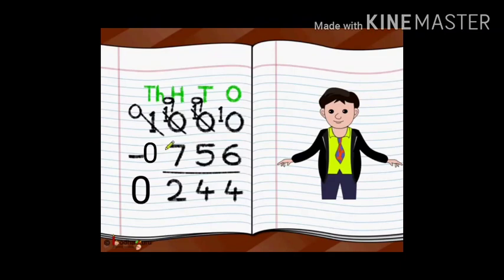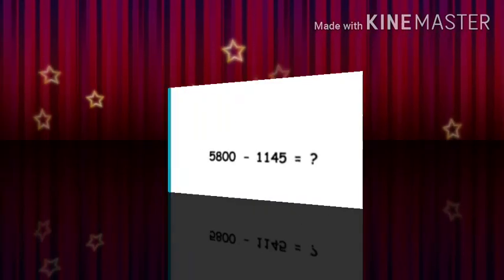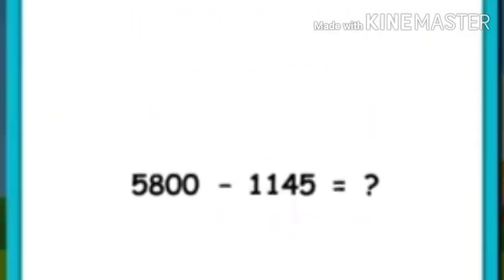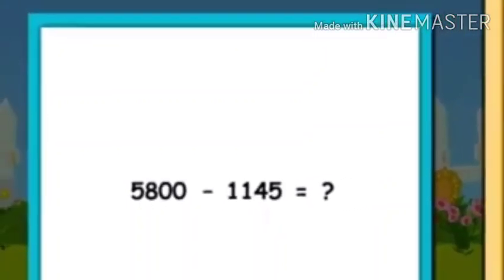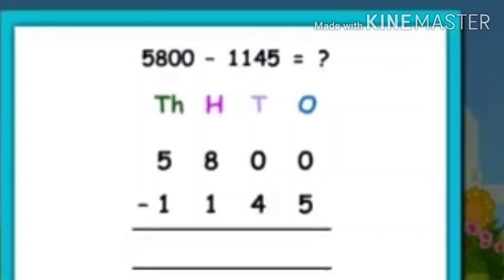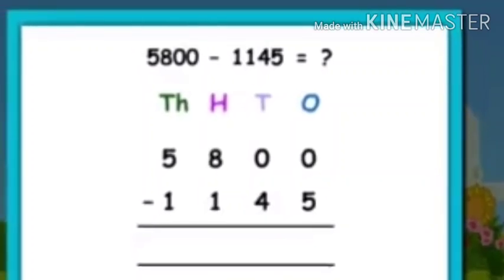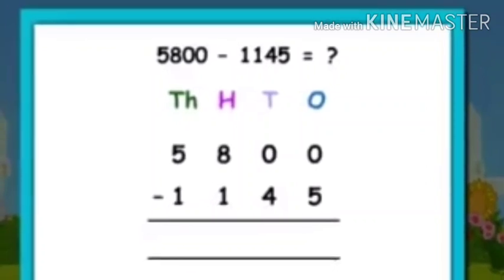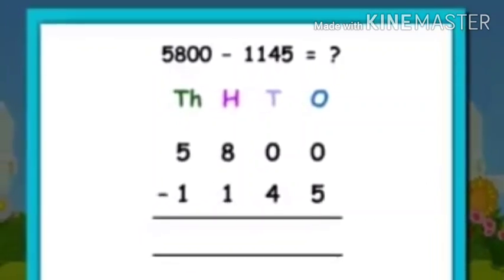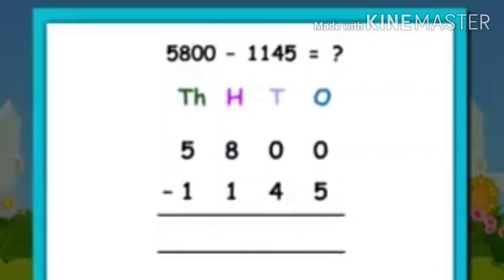Let's take one more example of zeros on different places. So we have 5800 minus 1145. Let's start subtracting. First we will arrange the numbers vertically. On the top we will write the larger number and on the bottom we will write the smaller number.